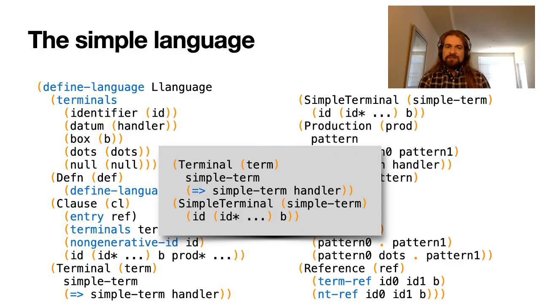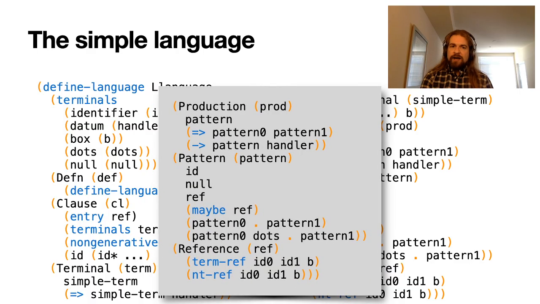So a terminal is either a simple terminal or it's a terminal that's decorated with this handler. The handler can be used when we produce an unparser in order to give a pretty syntax for a terminal. And then the simple terminal is just the name of the terminal followed by the list of meta variables with, again, the box representing this record, which just in this case points back to the record itself.